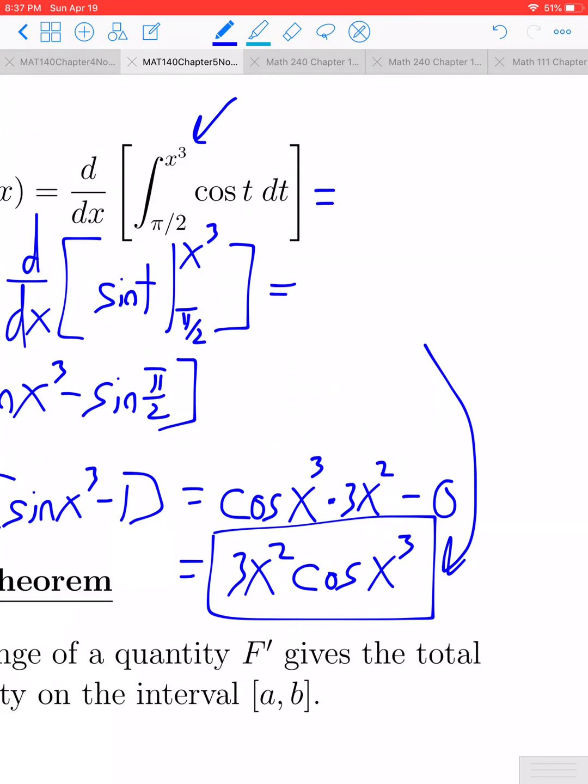Our final answer was the original integrand, which was cosine, evaluated at that upper bound, evaluated at x cubed, and then from that, we have a chain rule application where we now need to multiply by the derivative of that upper bound, which was our 3x squared, and that's what's going to give us the final answer in this case of 3x squared cosine x cubed.